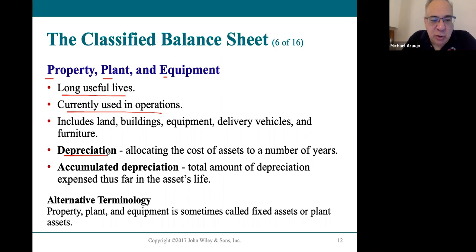They are subject to depreciation, as we looked at. The only property, plant, and equipment account that does not depreciate is land. All the other accounts, buildings, equipment, vehicles, furniture, and fixtures, all the other accounts depreciate. Good.